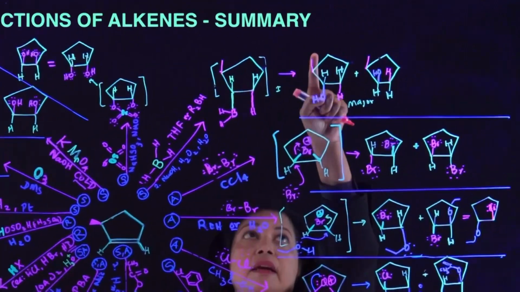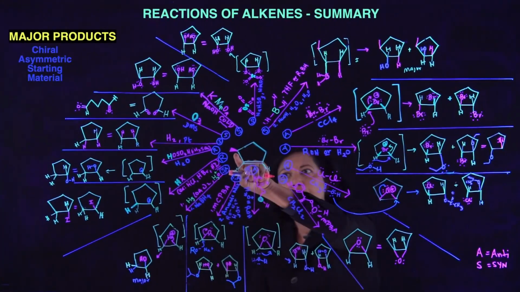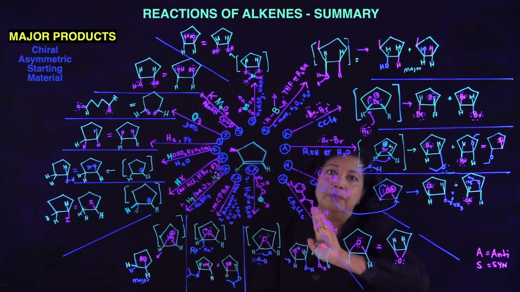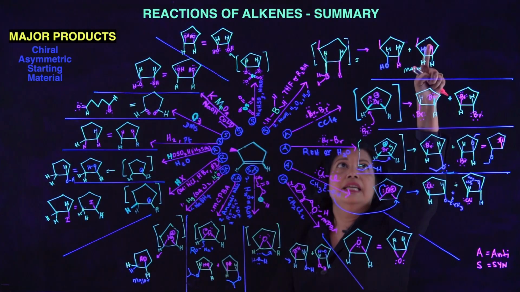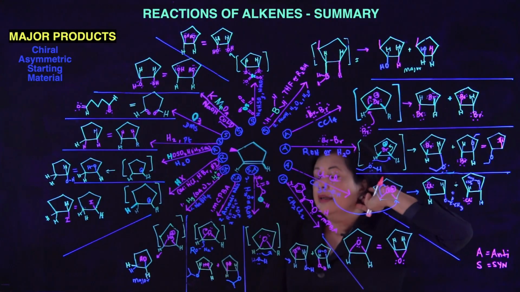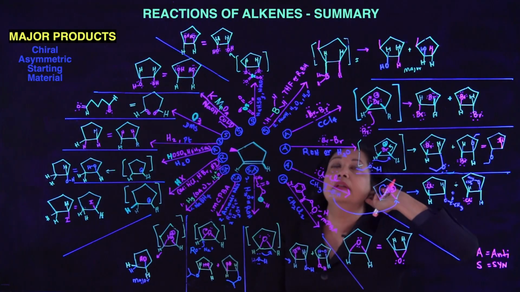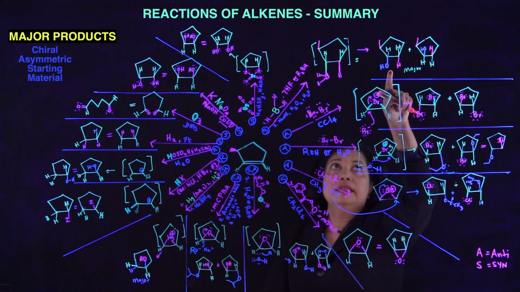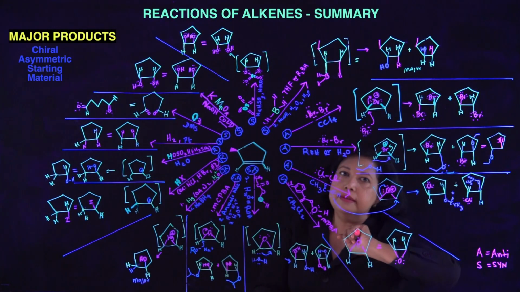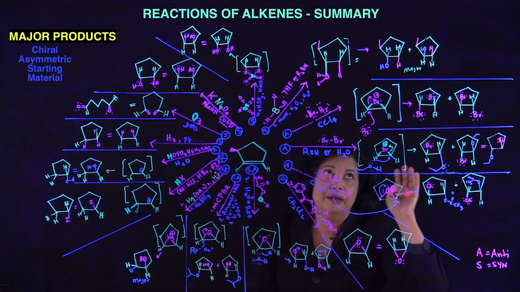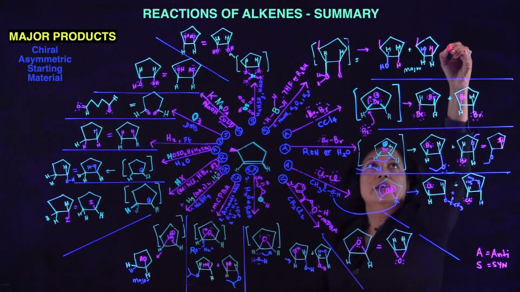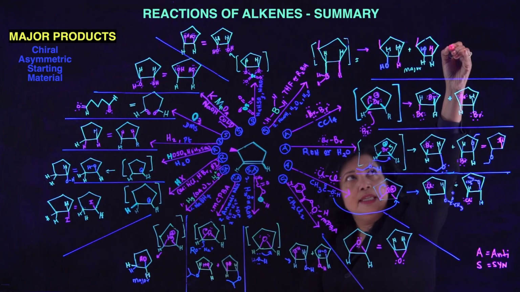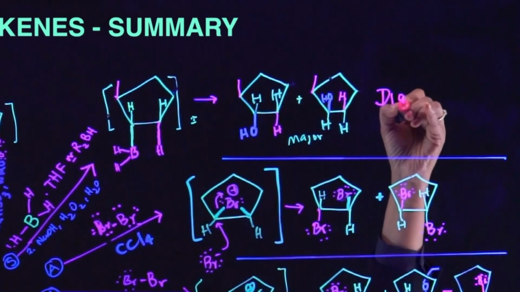But the methyl cannot be moved because it is fixed in that position up. So therefore, these are non-superimposable stereoisomers, and they are not enantiomers. So that by definition is going to be the D word, diastereomers.